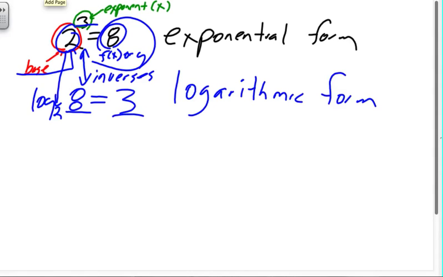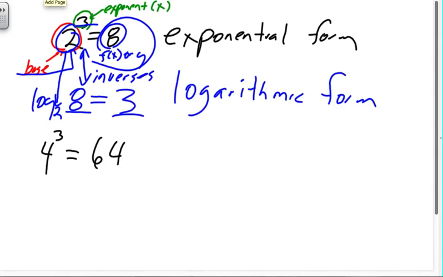So let's deal with another one then. Let's say you are given 4 cubed is 64.